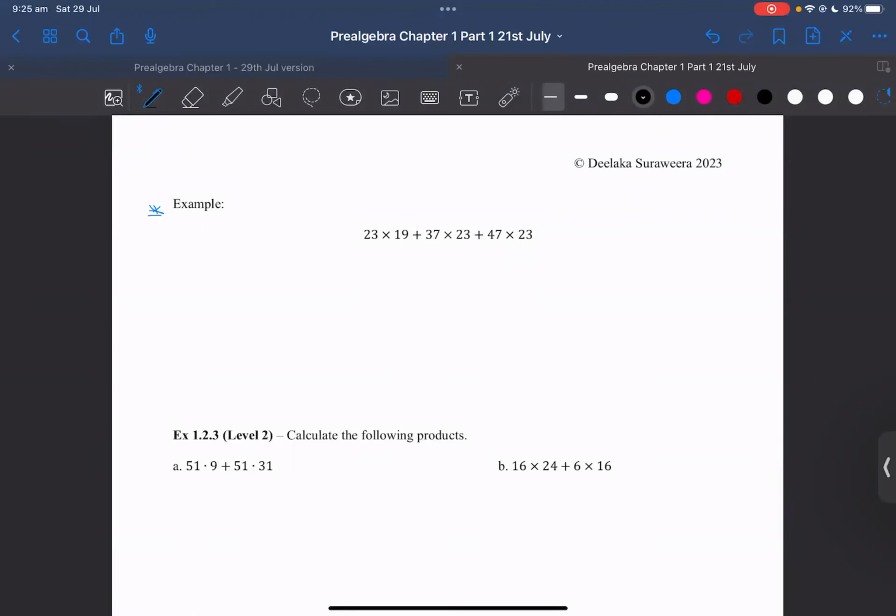The problem is that there's 3 multiplications. What if you can bring it to 1 multiplication?